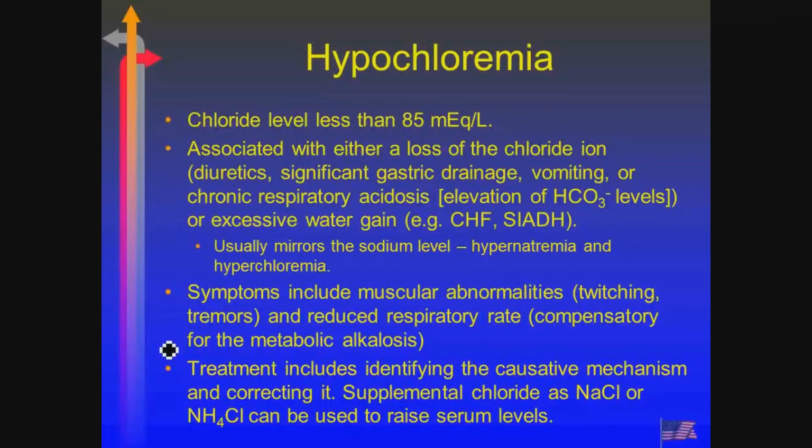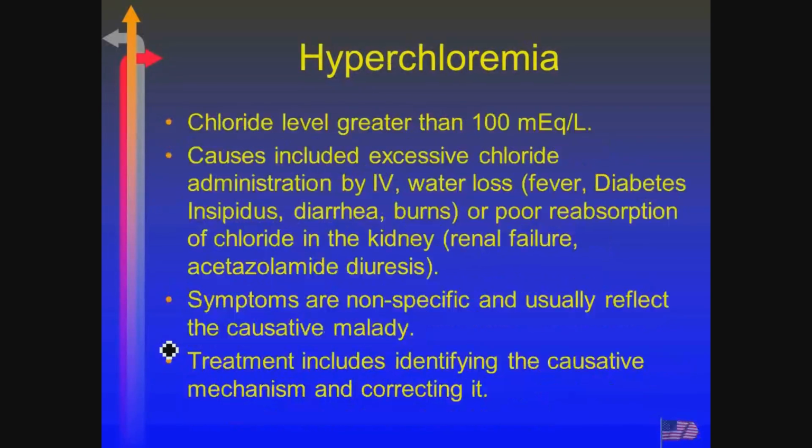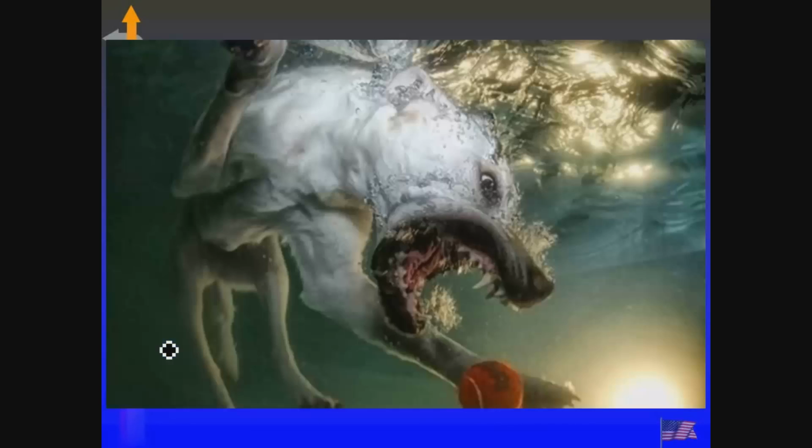And we treat it by giving chloride back, sodium chloride. High levels of chloride typically is, again, similar to sodium, excess fluids on board, not so much that the value itself is necessarily high. And fix the cause.